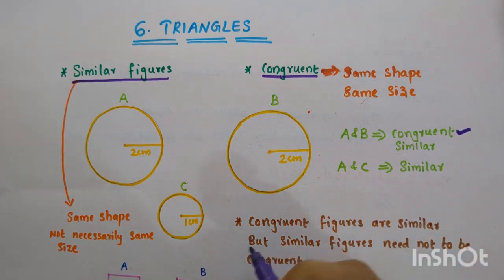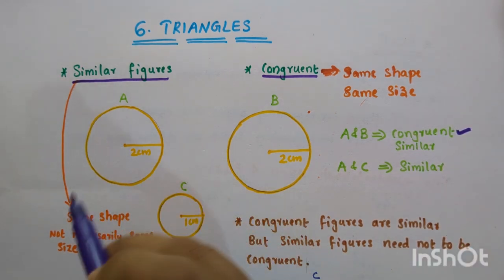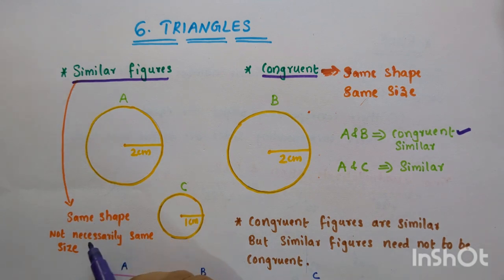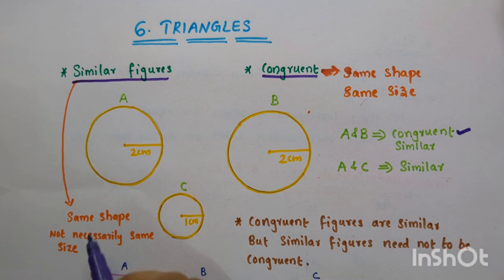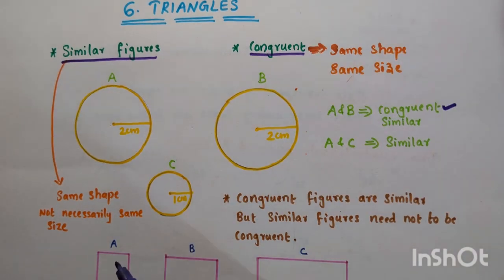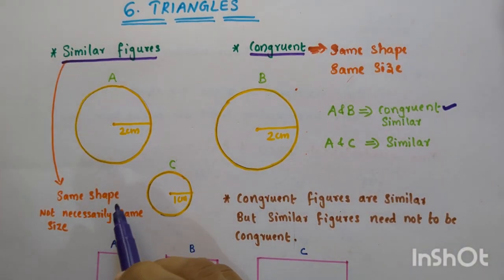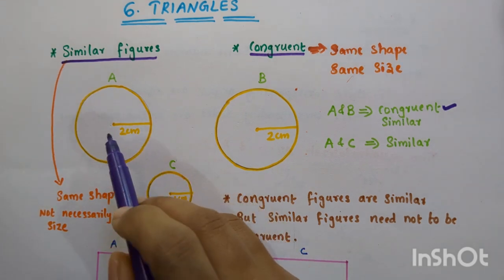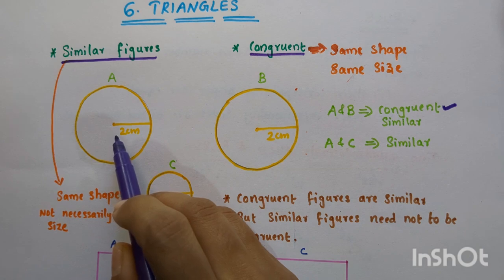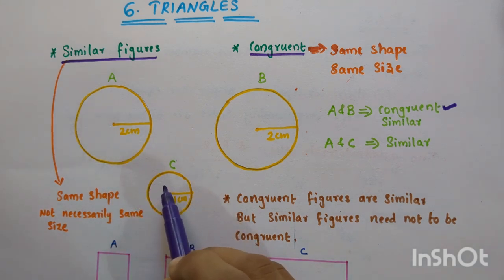Now, two figures having the same shape but not necessarily the same size are called similar figures. Consider these two circles A and C. Circle A is of radius 2 cm and this is another circle C, which is of radius 1 cm.